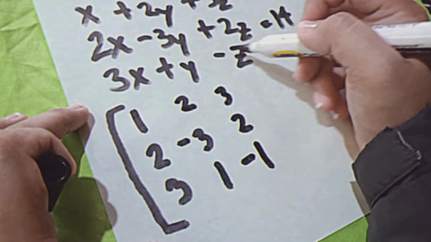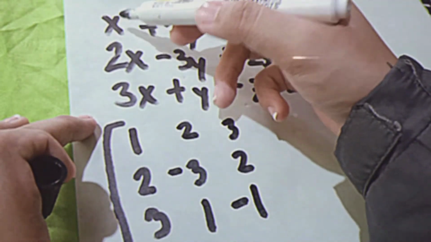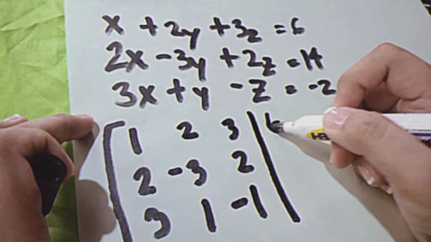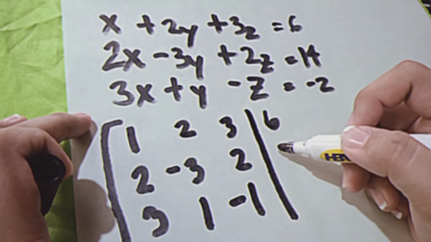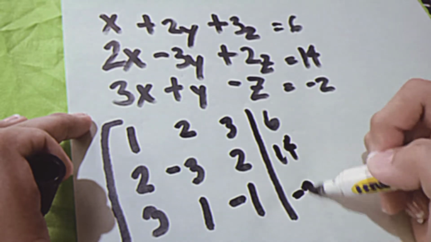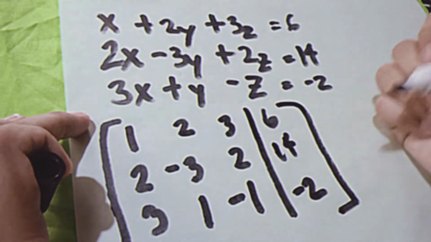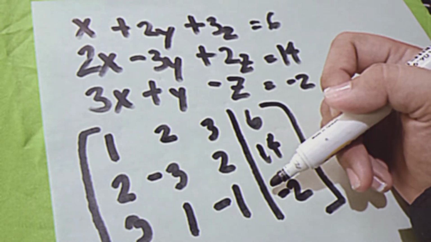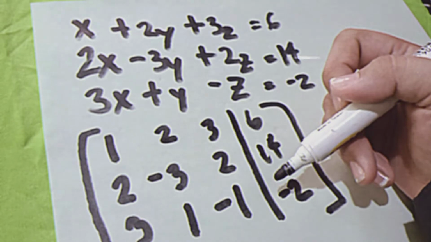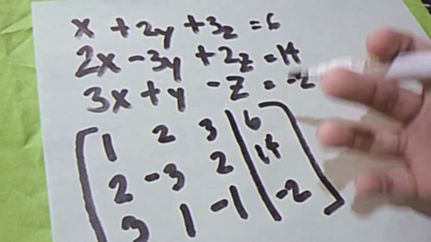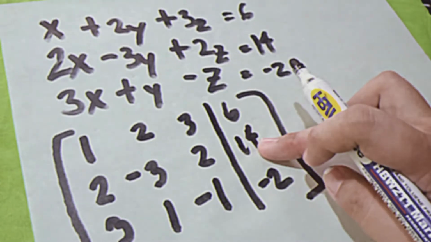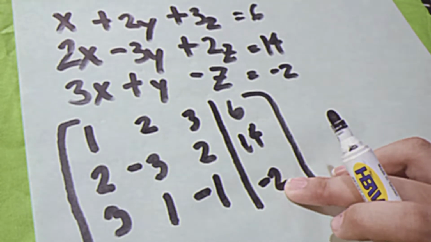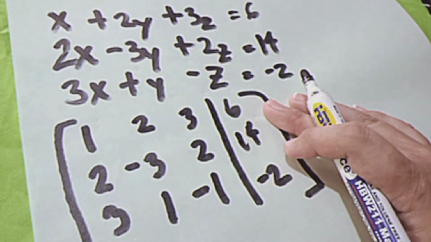And then I draw this line because that's kind of like the equal sign, and I put the constants, which are 6, 14, and negative 2. So this is called my augmented matrix.